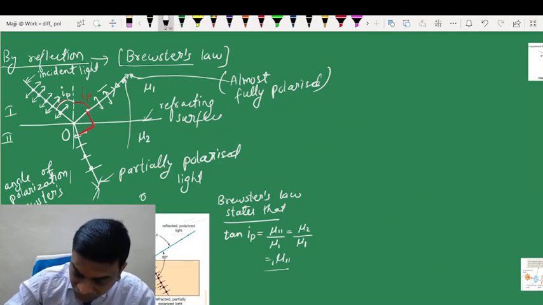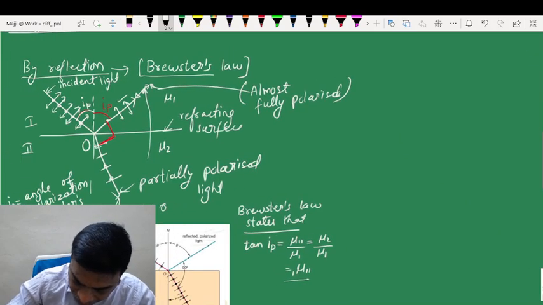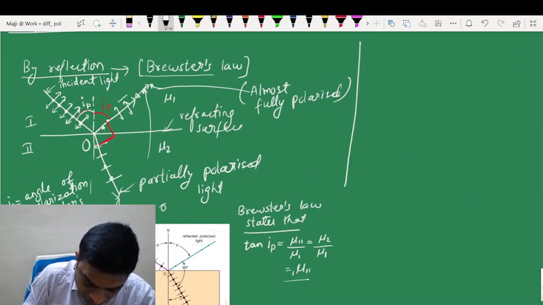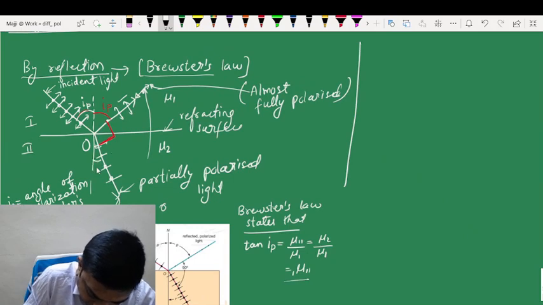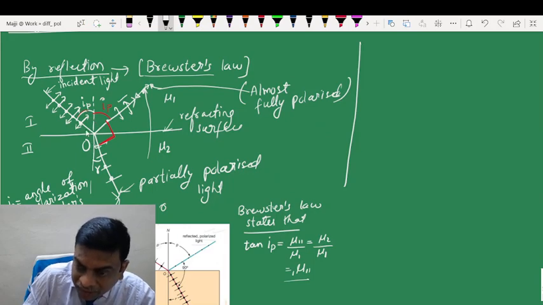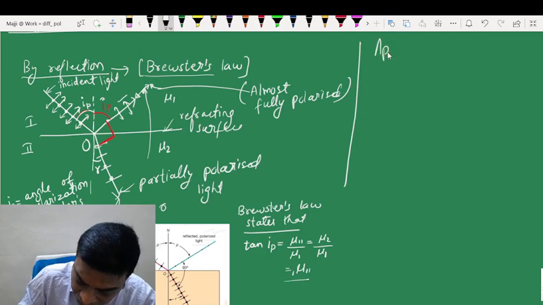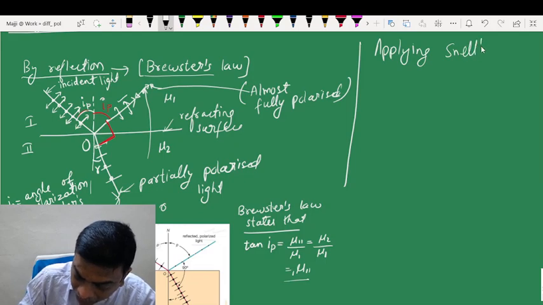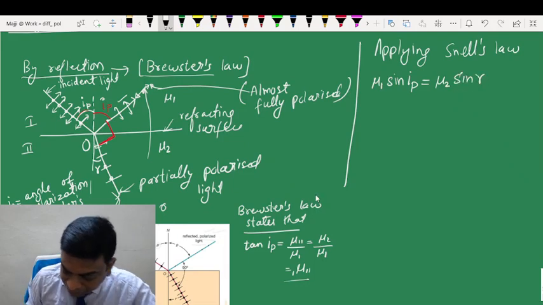Okay, right. Now let us find a relation between the angle of refraction and IP. So I will be applying Snell's law here. We have mu1 into sine of polarizing angle is equal to mu2 into sine of angle of refraction.